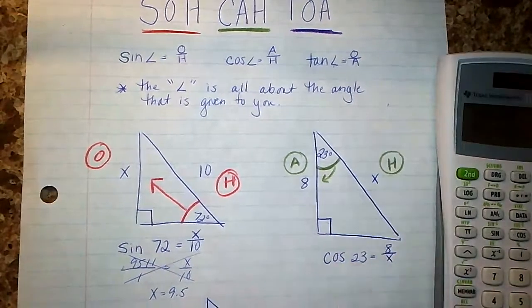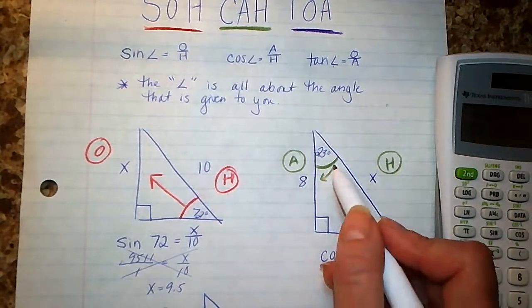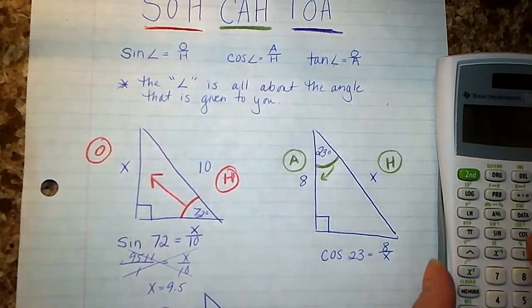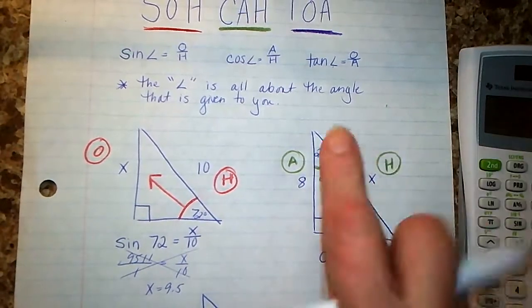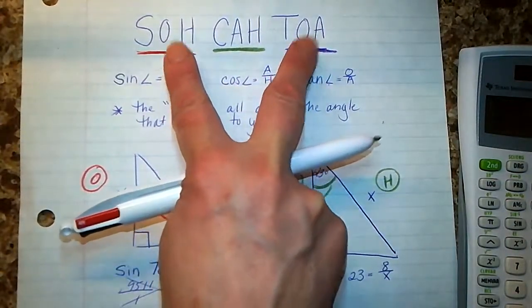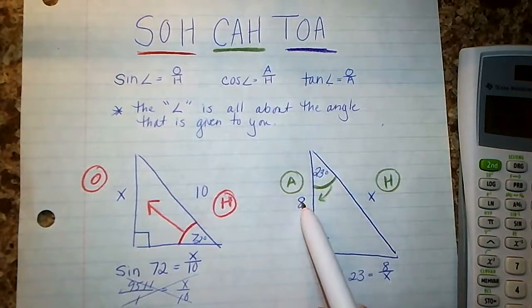All right, let's look at the next one over here. All right, from this angle right here, you have an adjacent and you have a hypotenuse. All right, so if you have an adjacent, there's no opposite, there's no O. So when you have no O, you can't use either one of these. These both require an O. You have to use cosine. So you have an adjacent and hypotenuse.